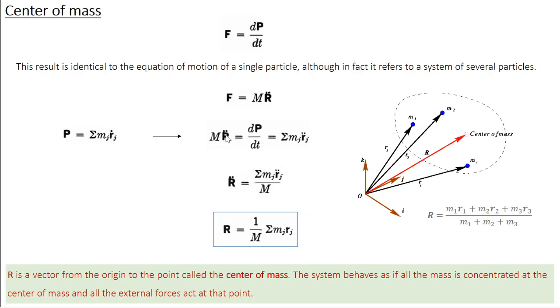So M r double dot equals summation over j mj rj double dot, or r double dot, or d square r by dt square, equals summation over j mj rj double dot divided by M, or the R vector is going to be summation over mj rj divided by M.